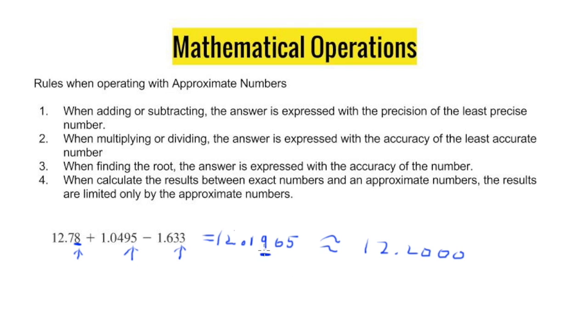However, we were rounding the hundredth position, so this 0 is important. So we cannot drop that. However, what we can drop is the remaining 2. So our final answer is just going to be 12.20.